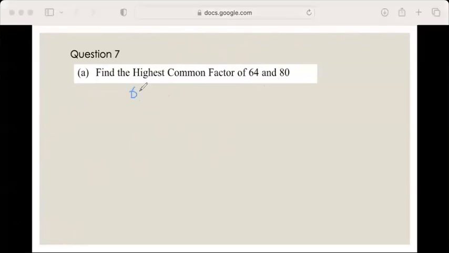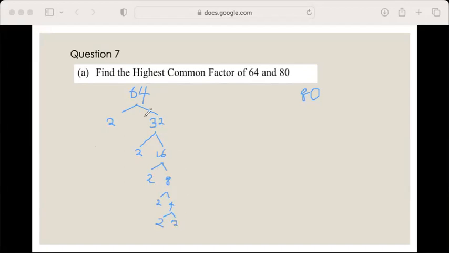Right, okay. So 64 and 80, I'm going to first find the factors. I'm going to factorize them. So 64 is, we can say 2 times 32, and that is 2 times 16, and this is 2 times 8, 2 times 4, and 2 times 2.